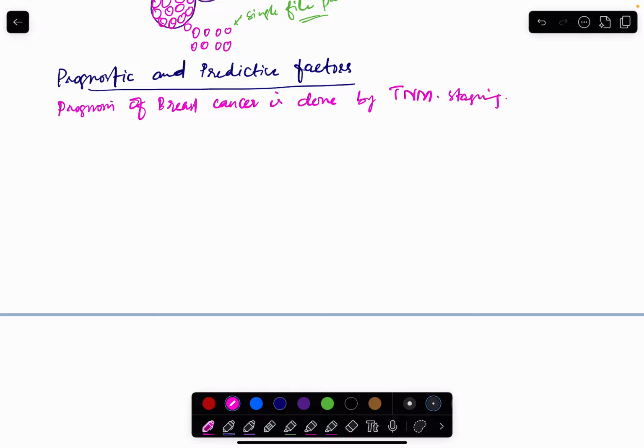What is TNM staging? TNM staging is tumor size, number of nodes involved, and metastasis. So the prognosis of breast cancer is done by TNM staging.